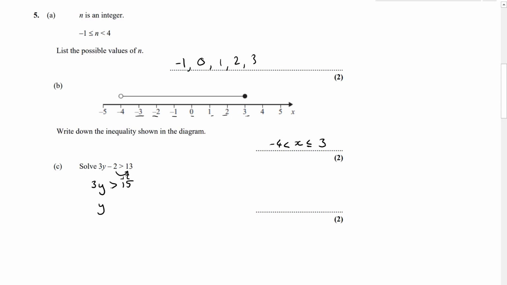It's very easy to slip into writing them back. And then y would be greater than 15 divided by 3. When I move the 3 across, it becomes divided because it's 3 times y on this side. And this means that y is greater than 5. And that would be our answer for this inequality.